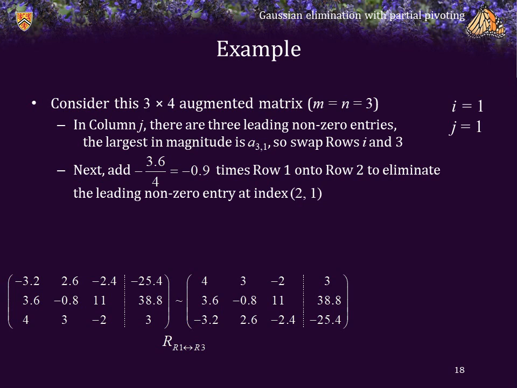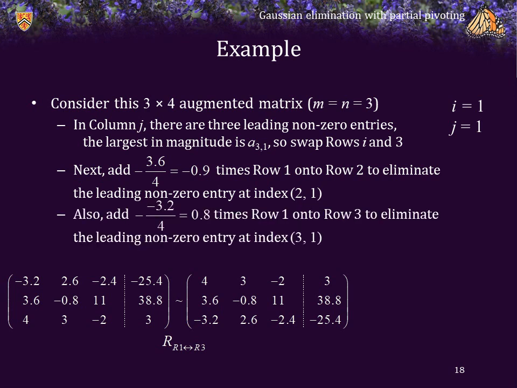We will now add negative 3.6 over 4, or negative 0.9 times row 1 onto row 2 to eliminate that leading non-zero entry at index 2, 1.